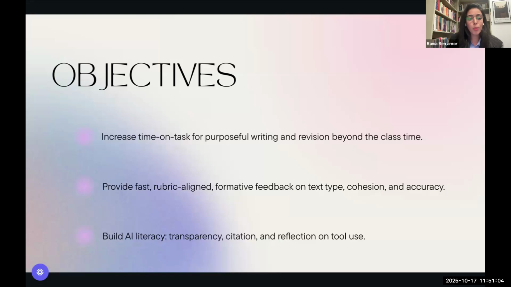So to solve all of these problems and to increase time on task for writing and reviewing beyond the classroom time, and to provide faster rubric-aligned formative feedback on the quality of the work, and to give more personalized and more immediate feedback, but also to build an AI literacy where transparency, citation, and reflection on the tool of AI come into the discussion, where the student is finally allowed to use a chatbot.